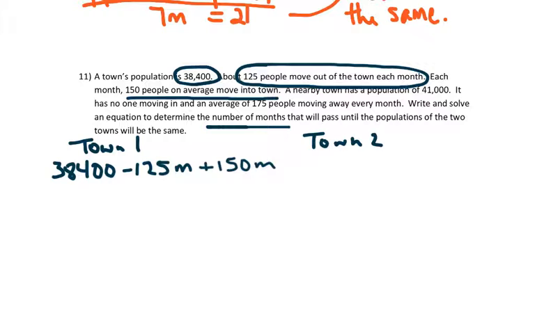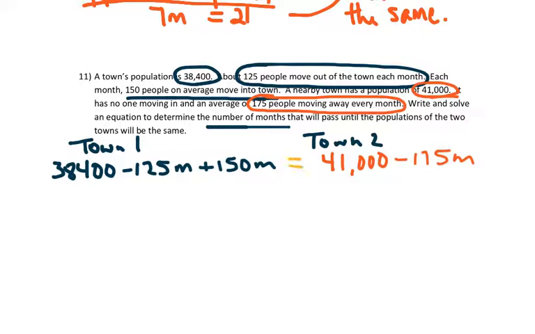So that was for town 1. Now I'll do town 2 in a different color. A nearby town has a population of 41,000. And it has no one moving in, so we're not adding anything. And an average of 175 moving away every month. So take away 175m every month. And we want to know when these two towns will have the same population. The same means equal, so there's my equation.